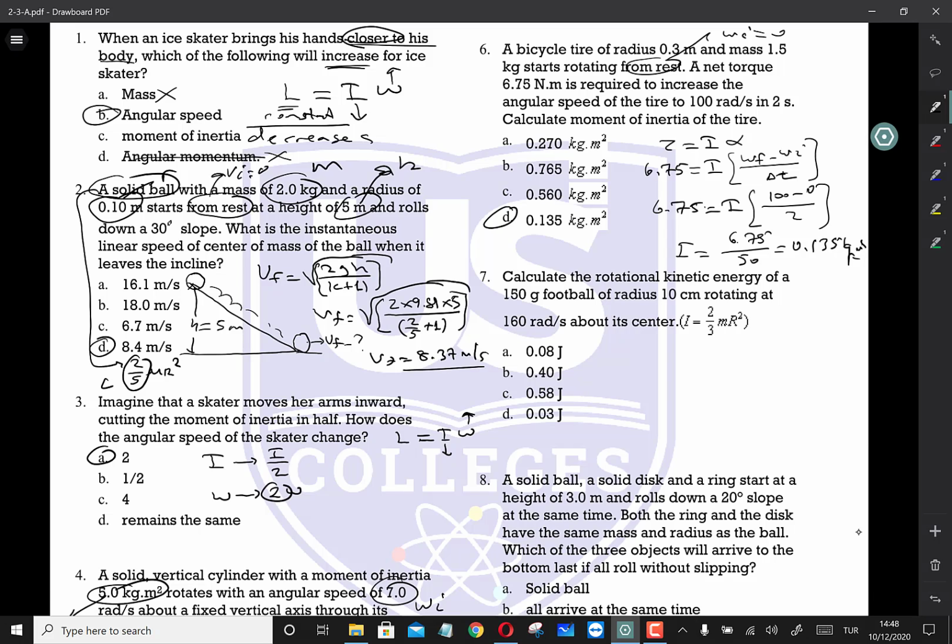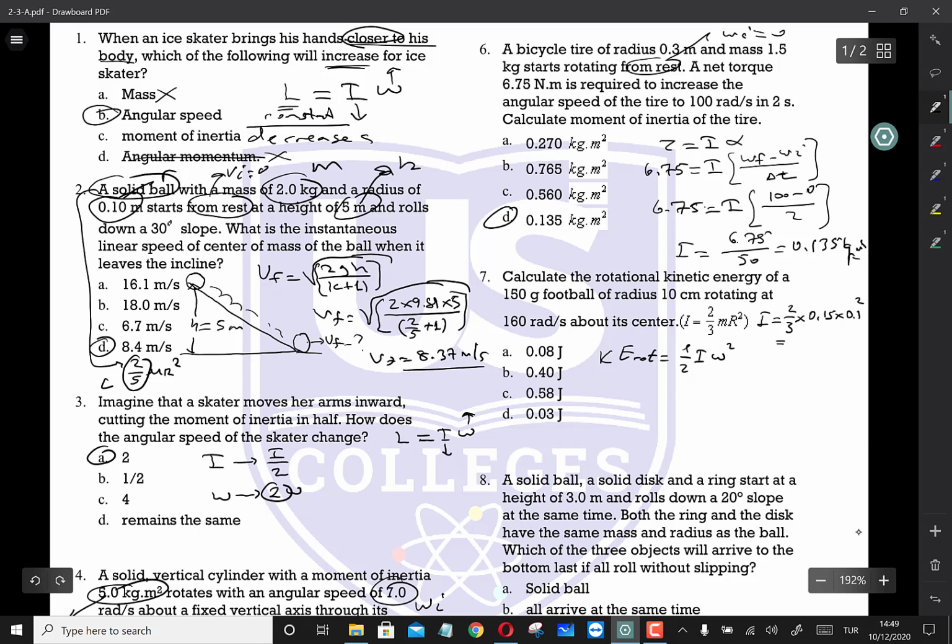Let's calculate rotational kinetic energy. Kinetic energy rotational is equal to 1 over 2 I omega squared. First, let's get I. I is 2 over 3 mr squared, with m equal to 0.15 kilogram and r equal to 10 centimeter, which is 0.1, squared.